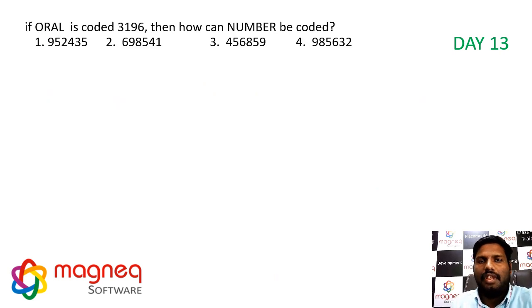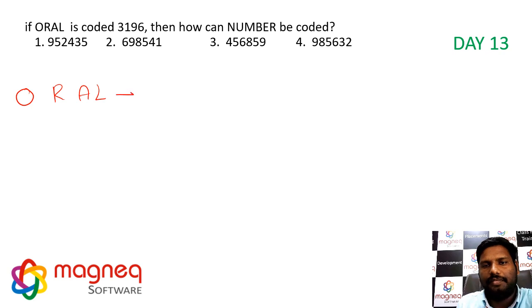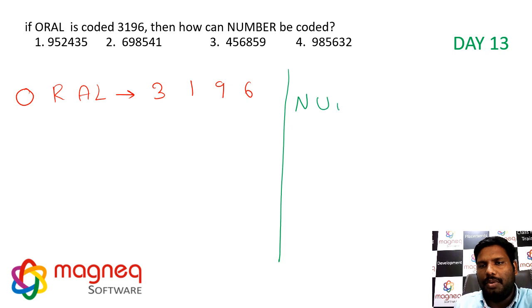Next one. If ORAL is coded 3196, then how can NUMBER be coded? So, given ORAL 3196. We have to find out NUMBER.